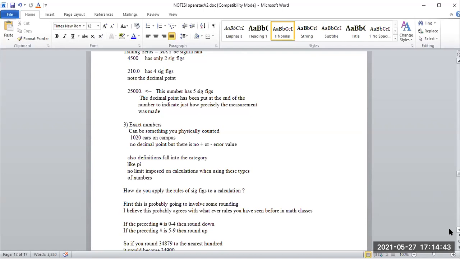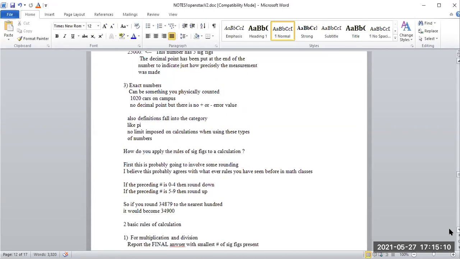Well, not easily anyway. Because they are physical objects, they don't have an error value. So I have 3 cats. You could say 3.0, but I can't have half a cat. So you have a finite number of objects.